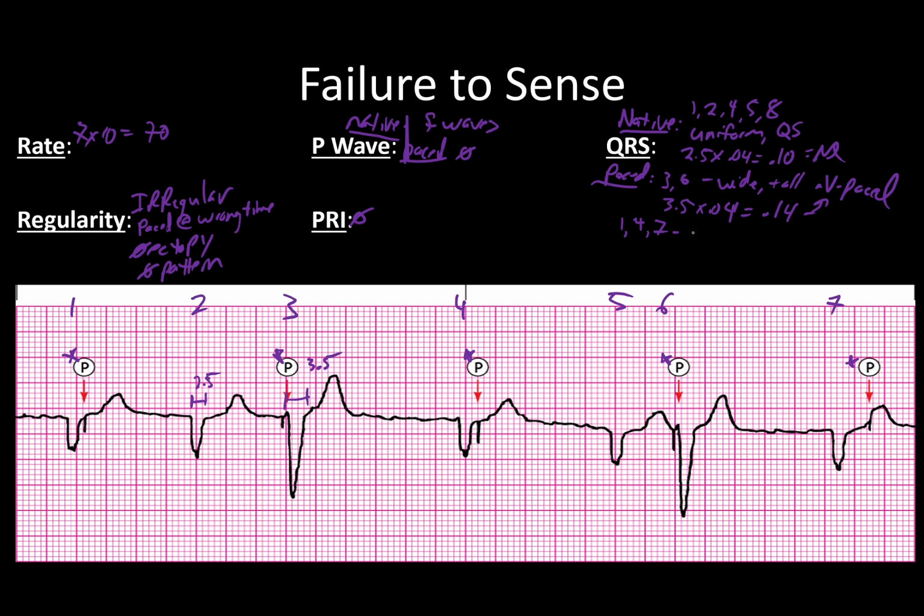In fact, they are late. And when they occur, they're not causing capture. That's because they're occurring at a time when the heart, the QRS, is not capable of responding to it. And that's a key sign of loss of capture. But the loss of capture is due to the fact that they're happening at the wrong time.